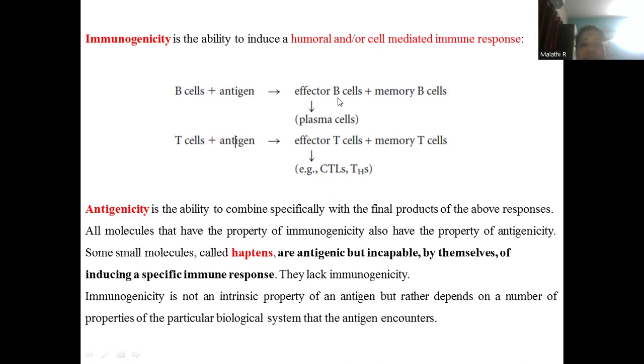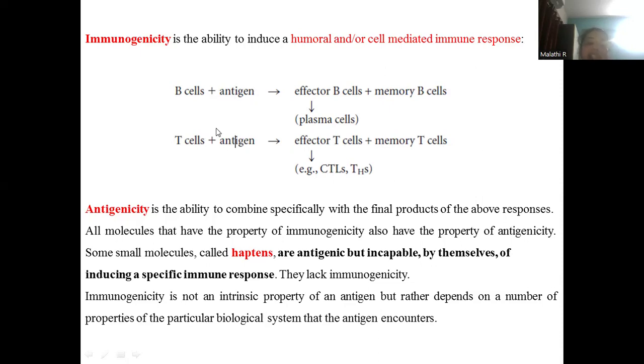The activated B cells produce plasma cells, and the plasma cells produce antibodies. The antibodies go and destroy or neutralize the antigen recognized by the B cell. Whichever antigen a B cell has recognized, the antibody produced by the plasma cell will go and neutralize that recognized antigen.